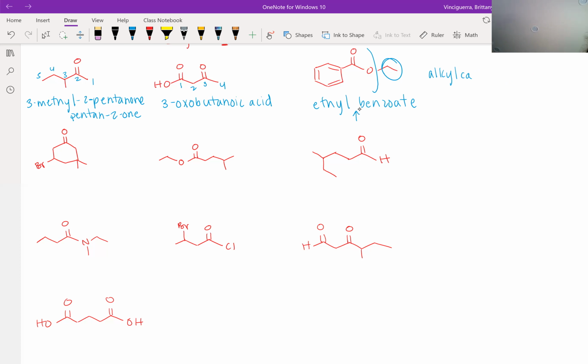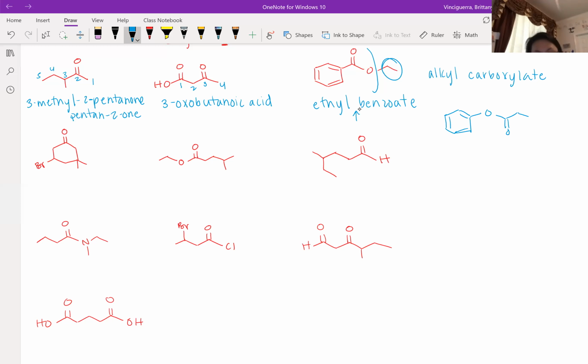So if the oxygen was in the benzylic position, like if it was reversed, that changes the whole entire name then, correct? Right, because it's no longer the carboxylate.